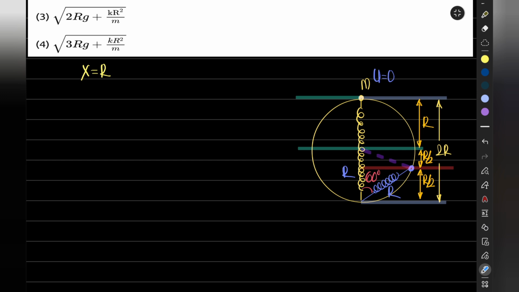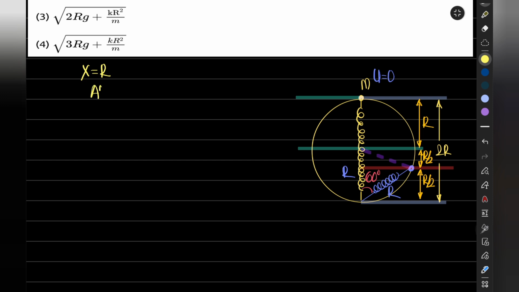The only thing which is tough in this question is to understand the question, because once you have understood it and drawn the diagram, there will be nothing which will stop you from solving this question, because after this step the only thing we have to do is apply conservation of mechanical energy.